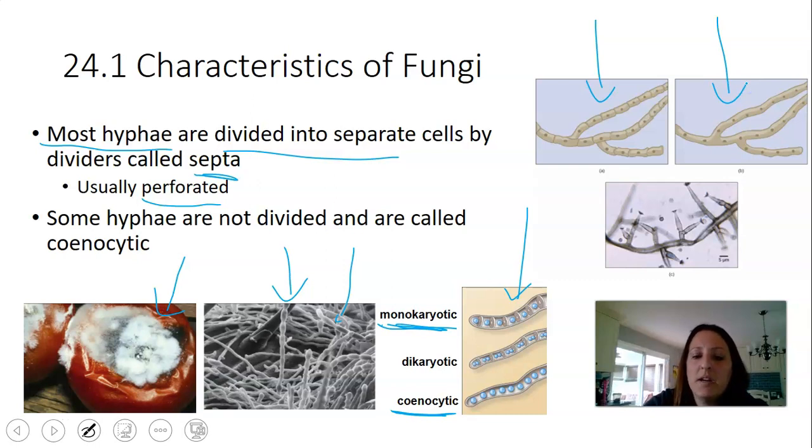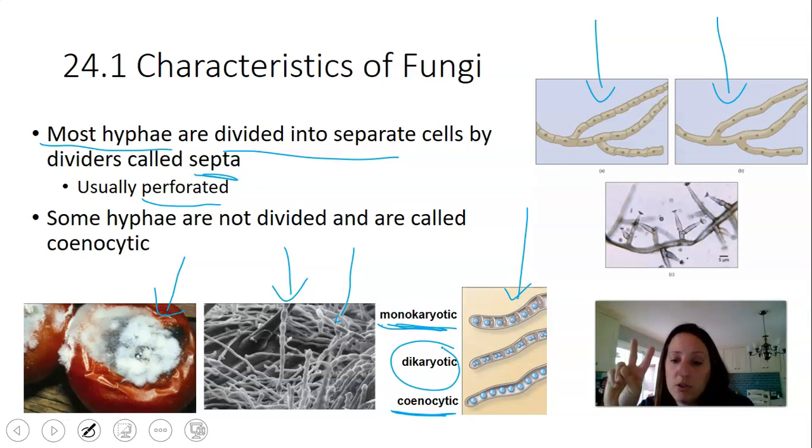Now this last one here, dikaryotic, when some fungi are sexually reproducing, they end up with 2 nuclei per cell. And those nuclei will eventually fuse, but before they fuse, we say that these cells are in the dikaryotic condition, which means 2 nuclei per cell.